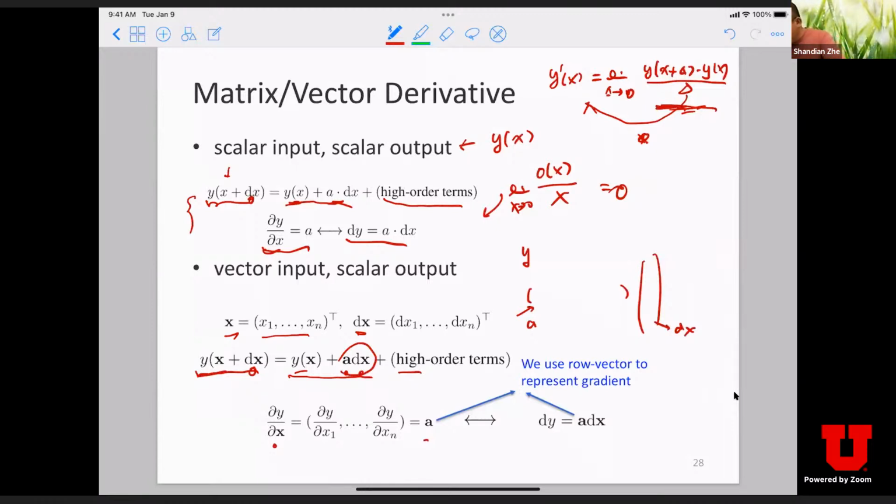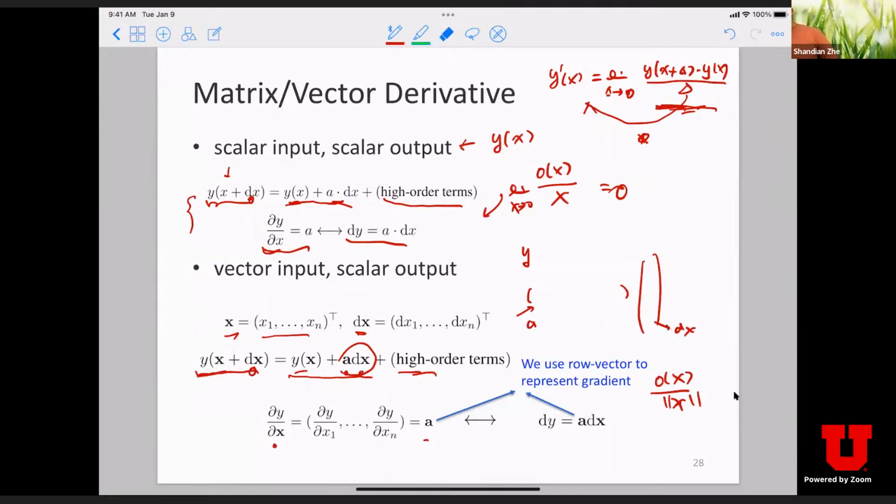And these higher order terms have a more general definition. Because x here is a vector, you cannot directly divide something by a vector. So usually it becomes the norm of x.